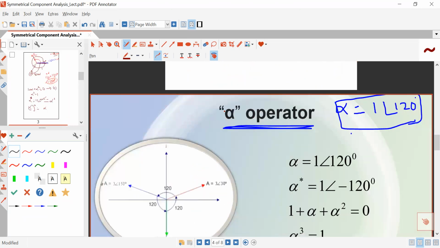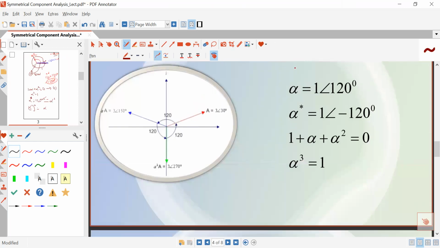Here I have discussed the thing. The alpha means 1 angle 120. Alpha conjugate is 1 angle minus 120, which will be alpha square. And the sum of these three operators will be 0 and alpha cube will be 1. From the numerical example, you can also see here, if this is a vector A, and if you multiply this vector with alpha, then what will happen?